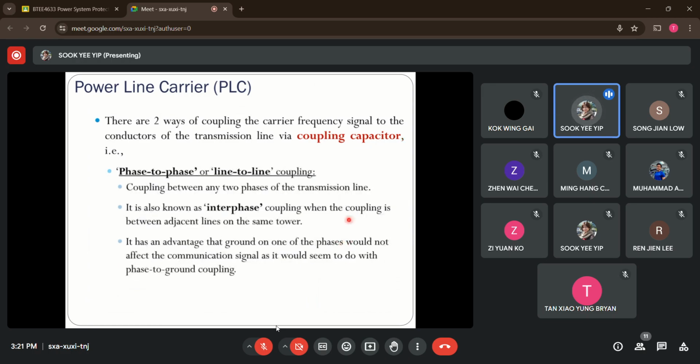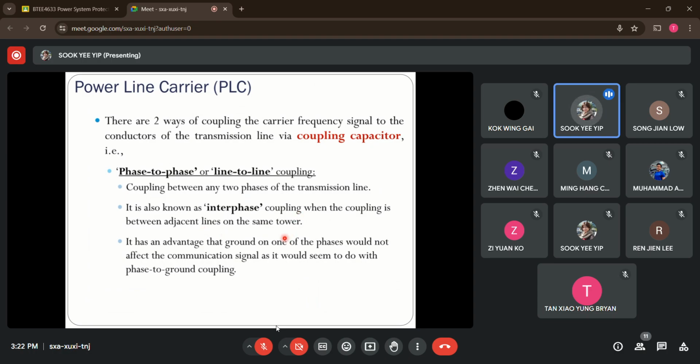The next one is known as phase-to-phase or line-to-line coupling. From here, you can tell that the injection of the high-frequency signal uses two phases of the transmission line, which means the ground path is not being used. Another name for phase-to-phase or line-to-line coupling is interphase coupling, if this coupling occurs between adjacent lines within the same supporting tower.